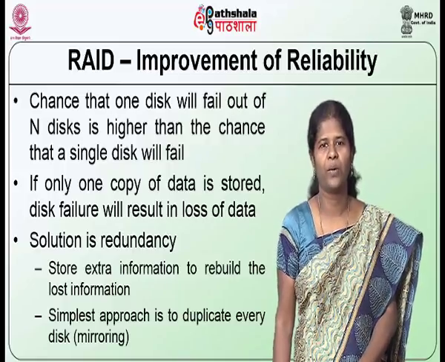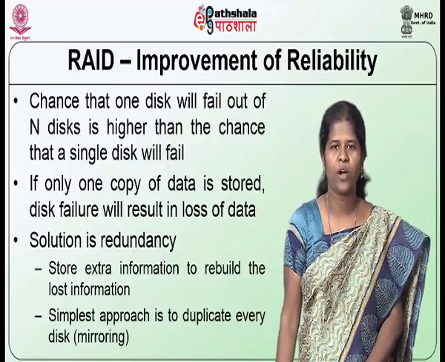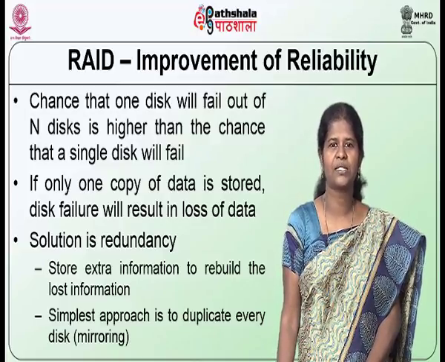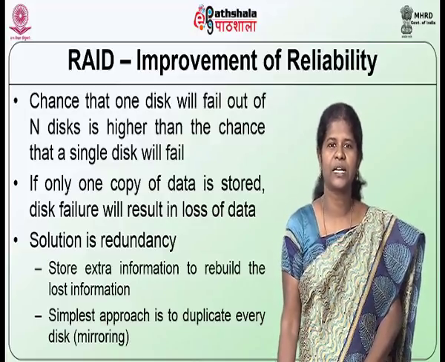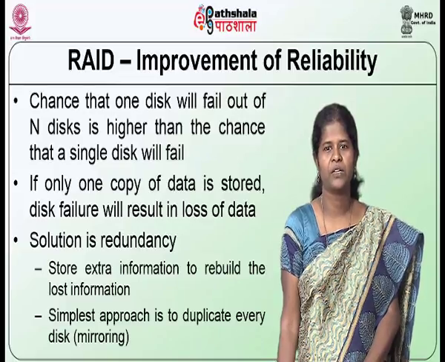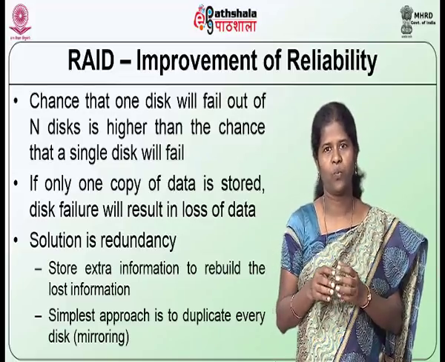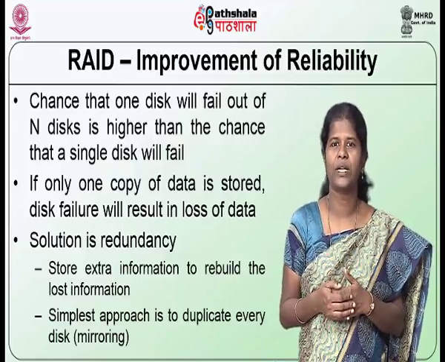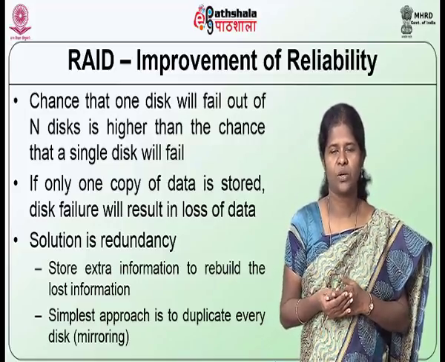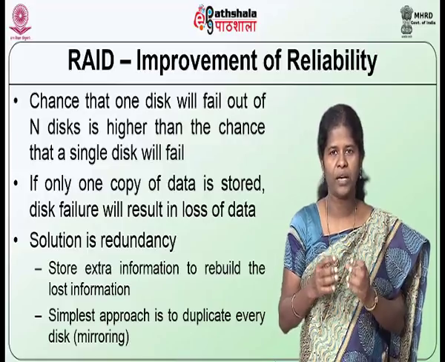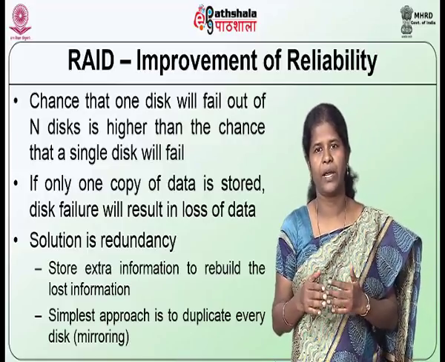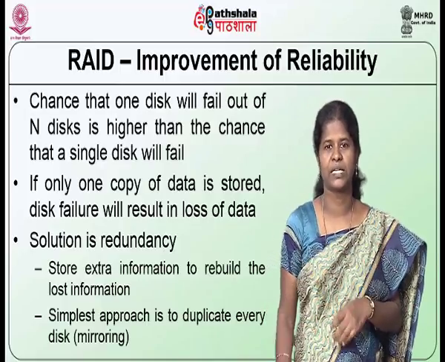Suppose you have n disks, then there is a higher chance that some single disk will fail. If only one copy of the data is stored, then a disk failure will result in loss of data. So, the failure rate of one disk among n disks is much higher compared to the failure rate of just having a single disk.